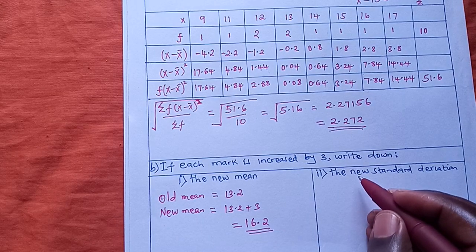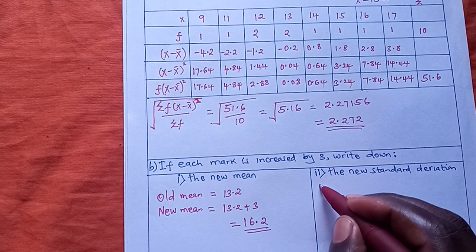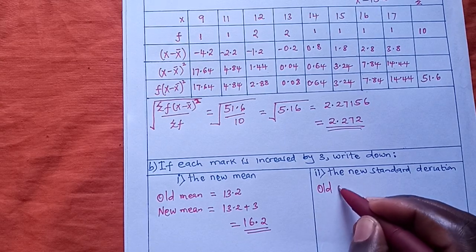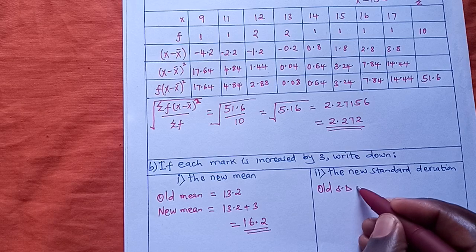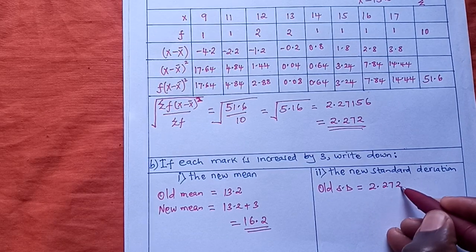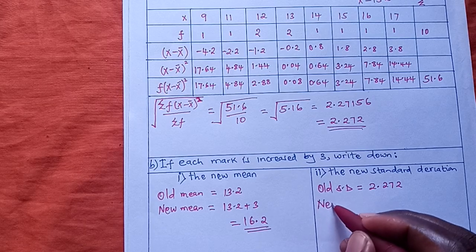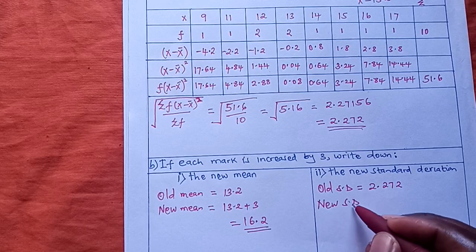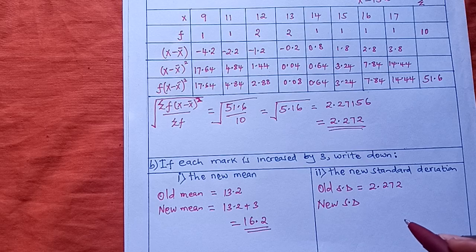What about the standard deviation? The old standard deviation was 2.272. What about the new standard deviation? The new standard deviation is not going to change from the old one.